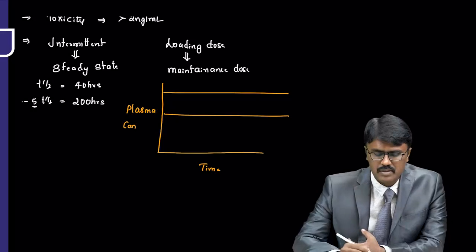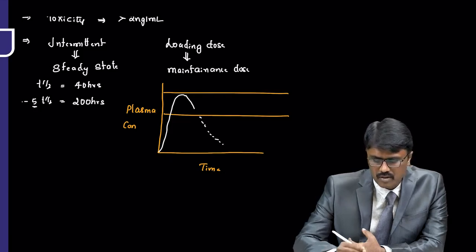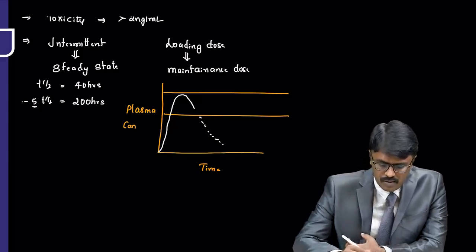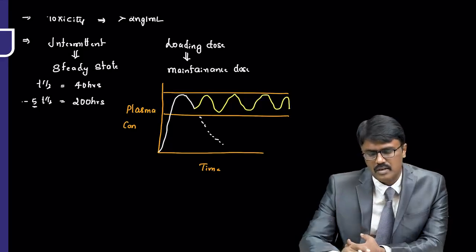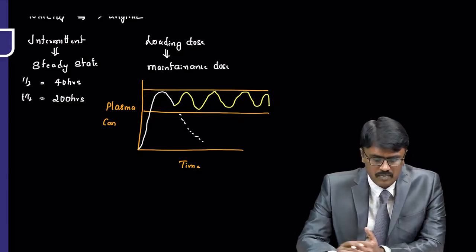So we give a loading dose. But if I give a loading dose and stop, what happens? Later the drug level comes down and it will not work. So we follow it with a maintenance dose. This will achieve the concentration we require, between 0.5 to 1.4 nanogram per ml.